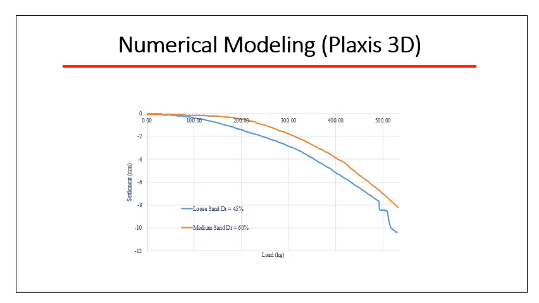The same plate load test with the same conditions was also modeled numerically using the software Plaxis 3D, and the load settlement curves are given in the figure, in which also the settlement of the loose sand is higher than the settlement of the medium sand.